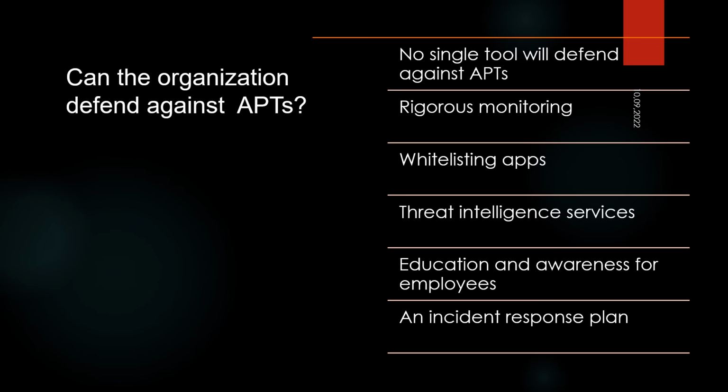Threat intelligence services. Threat intelligence services use raw data on emerging threats to provide organizations with actionable information. It is important. More than that, it's critical.